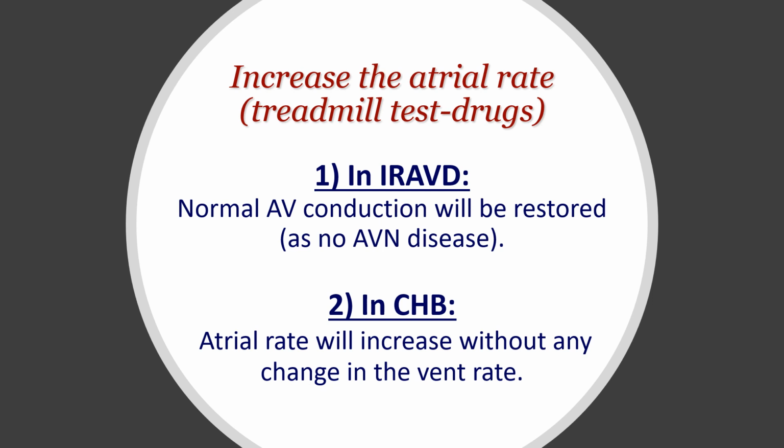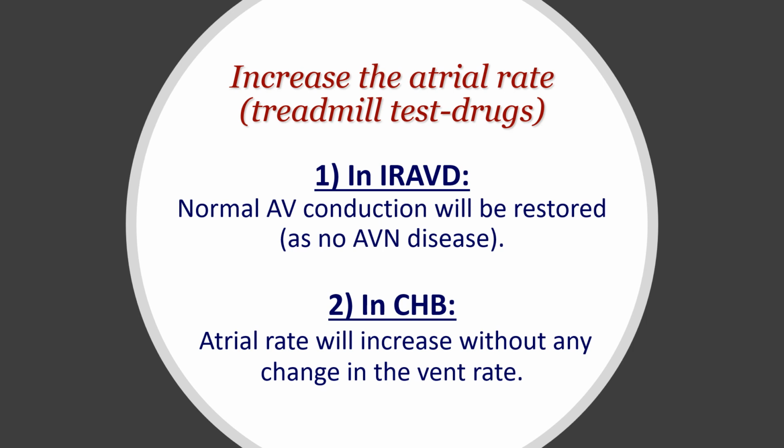While with complete heart block, if you give something to increase the atrial rate, the atrial rate will increase, but the ventricular rate will stay the same because there is a complete isolation between the atria and the ventricle. There is a complete heart block that will stop anything from going through to the ventricles from the atria.